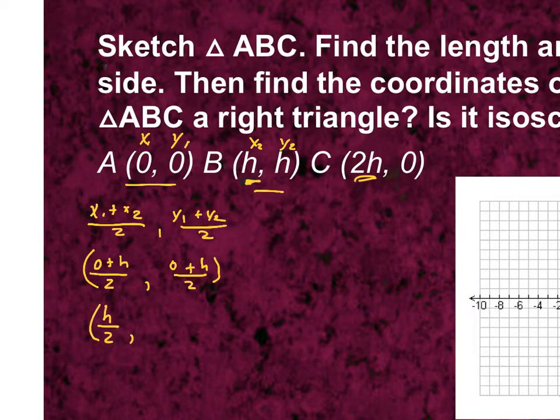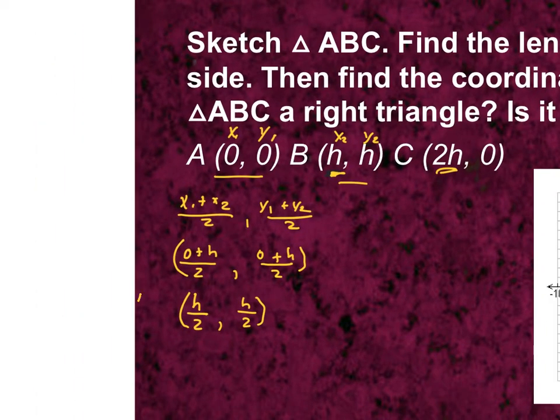We get h divided by 2 and h divided by 2. Now we don't know what h is, that's just a variable. So the midpoint of line segment AB is h divided by 2, h divided by 2, or h over 2, h over 2.